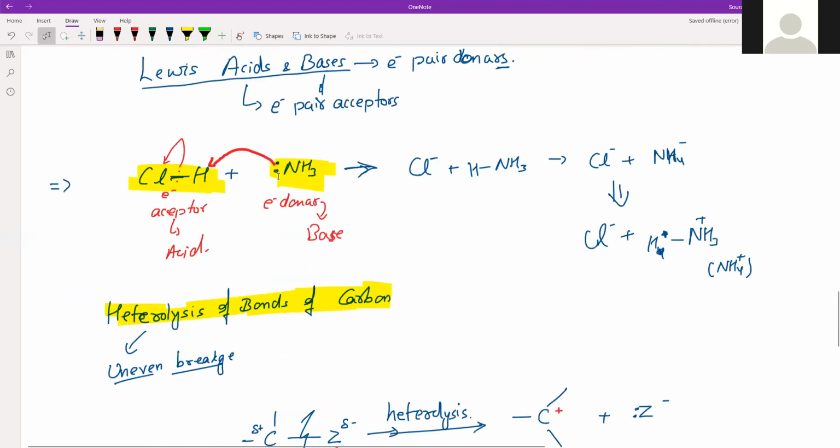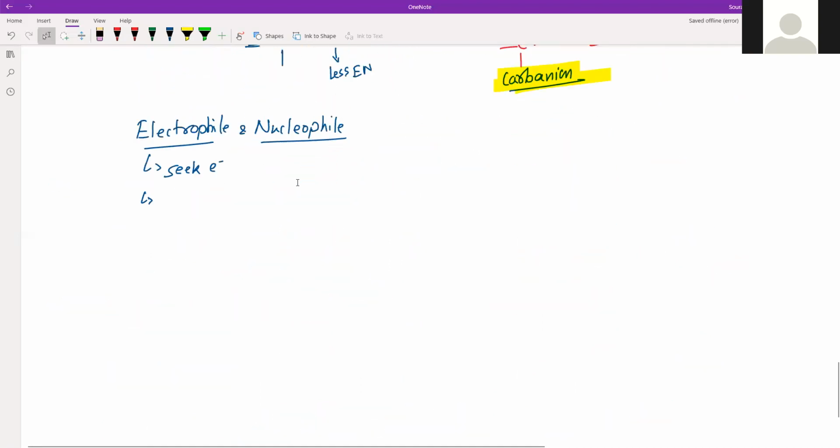So in this case, I can say all Lewis acids are electrophiles, obviously. And just the opposite of this is our nucleophile.